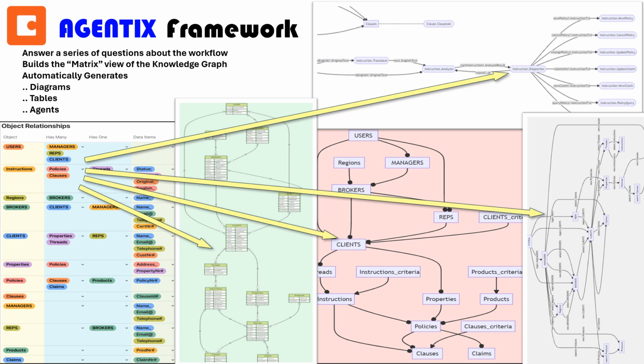And it will then automatically construct these diagrams that show you how the business process works. It will automatically generate the tables, and it will automatically generate the agents. It's not 100% automated. You'll still have to go in and make some adjustments and add some features yourself in order to get the workflow up and running.